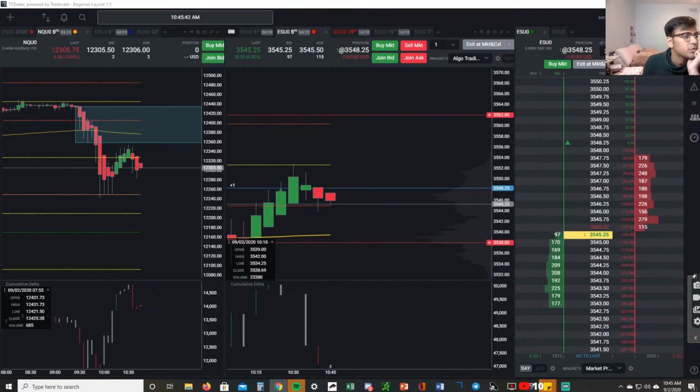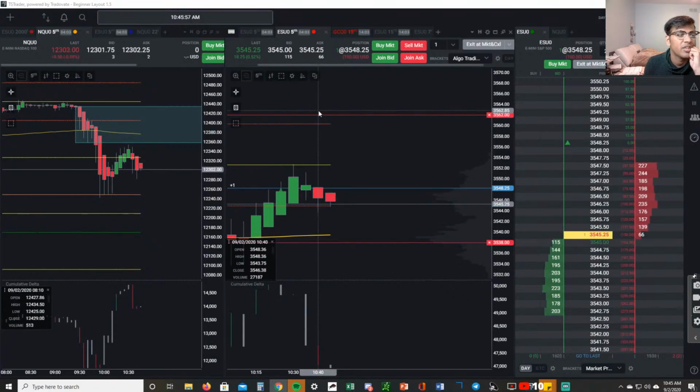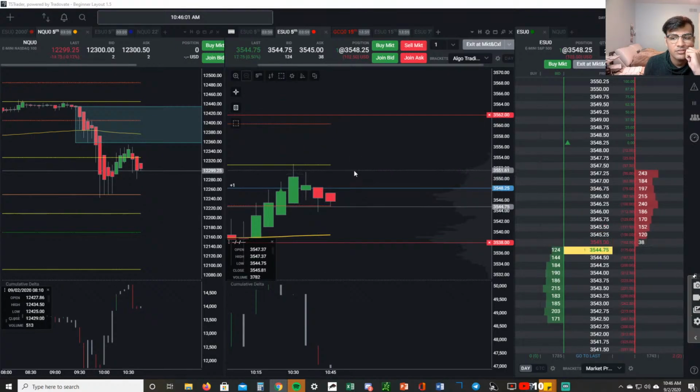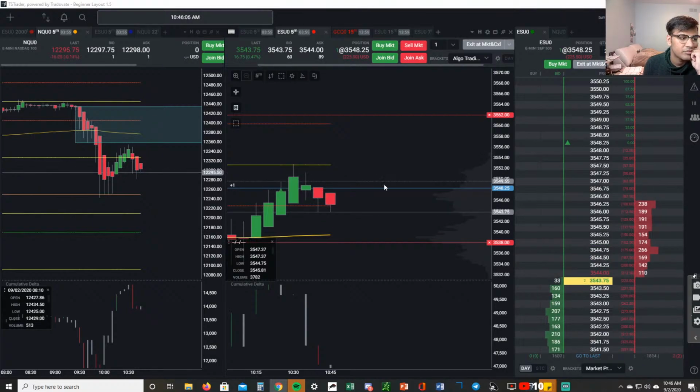Oh, that's super interesting. So since we got the 1 hour algo alert for the ES, and it just hit our take profit level, like the third take profit level, which acts as a resistance point, at 35.51, which is right here. It's starting to see a little reversal.